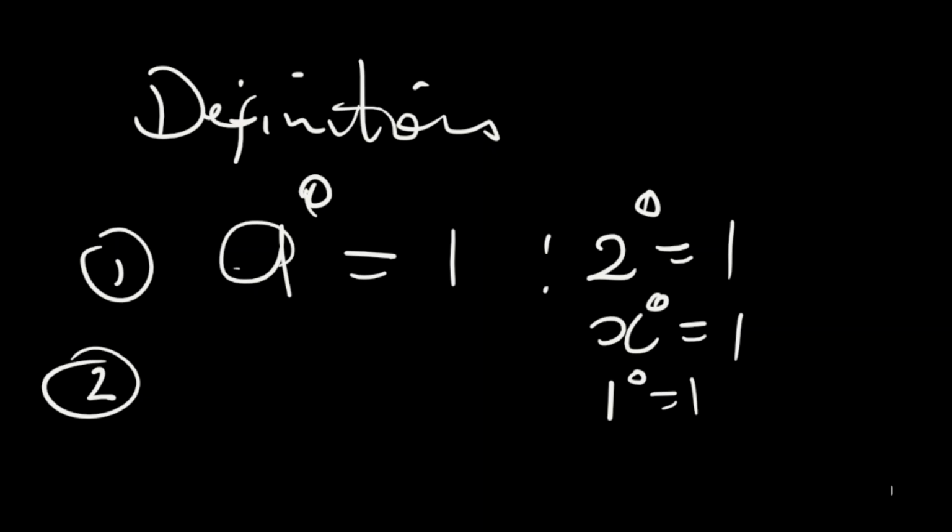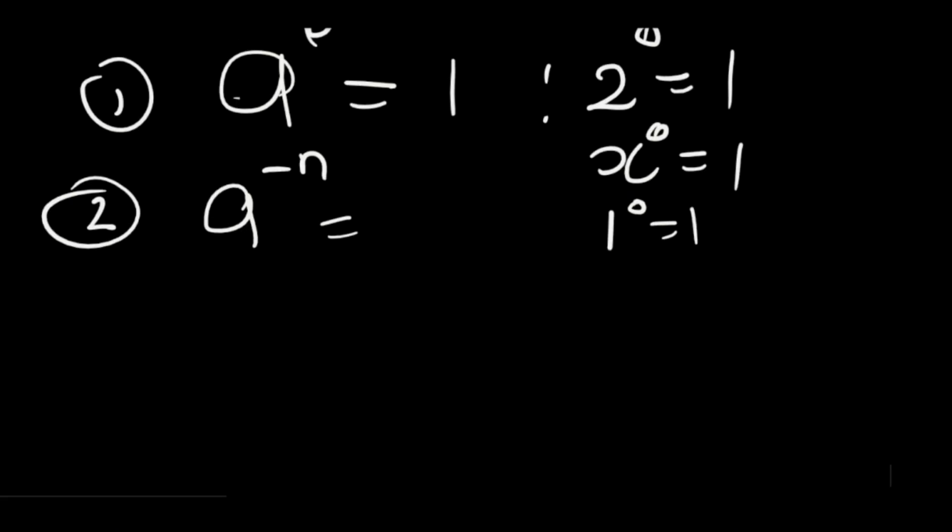And number 2 is, you can't leave your exponents in negative form, right? They always have to be in positive form. So if you have a to the power of negative n, you have to write it down in a positive exponent. So by so doing, you know that this a, which is the base, has 1 here. There's 1 here that you can see. So it's 1 multiplied by this a.